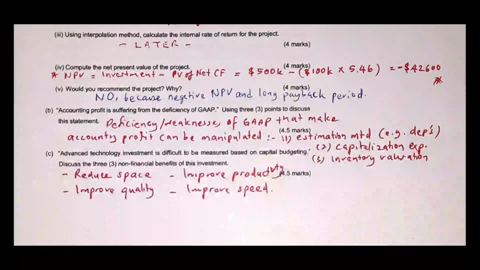So let's say you invest in advanced technology $100,000 today in your company, and then when you do the calculation using payback period or accounting rate of return or net present value, you will see that the investment is not a good investment because the amount of the investment is expensive.